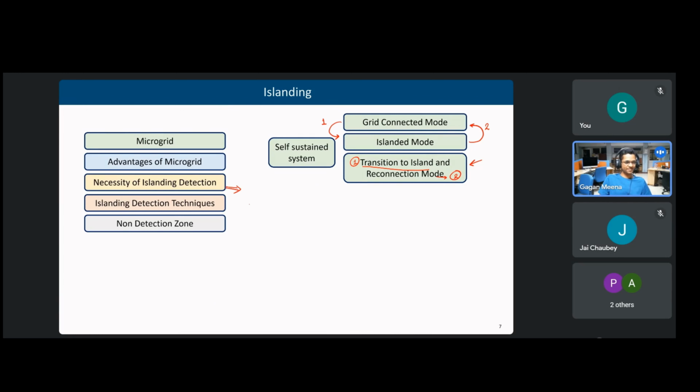Yes, to get isolated from fault, so that section remains healthy. Yes, that is one point. That is a good point. So if there is a fault on the grid side, we want to isolate the microgrid so that the fault current is not fed into the microgrid and the equipments inside the microgrid are not damaged. So that is a good point.